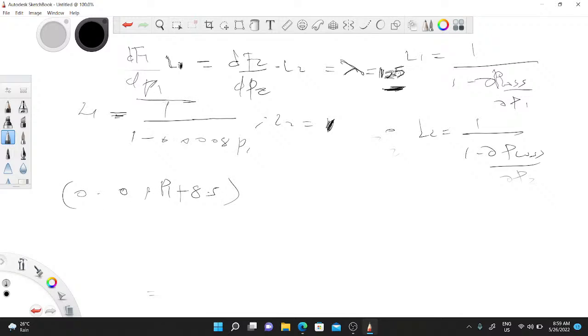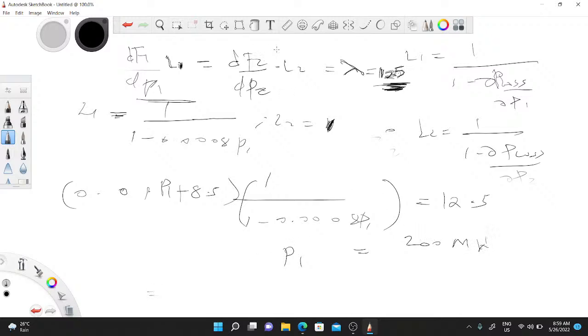I'm using this times L1, that is 1 over 1 minus 0.0008 P1. This times this is supposed to be equal to the incremental 12.5. So now you have an equation with one unknown; cross multiply, group like terms, and you get your P1 to be equal to 200 megawatts.